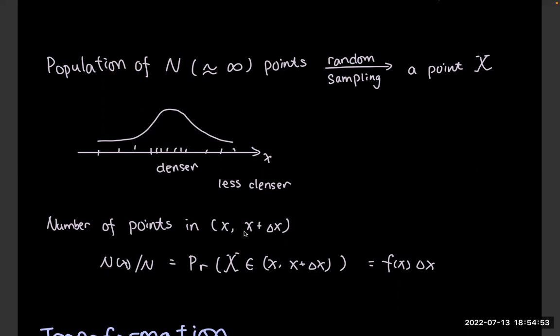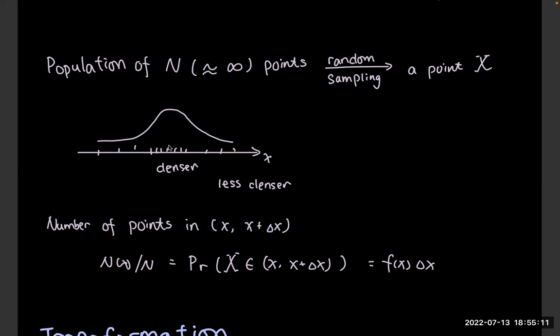And now let's think about it: we randomly sample a point from this population of points. And then we have the probability, right? So before random sampling, we just have a population, a deterministic population described by a density. So there's nothing probabilistic.